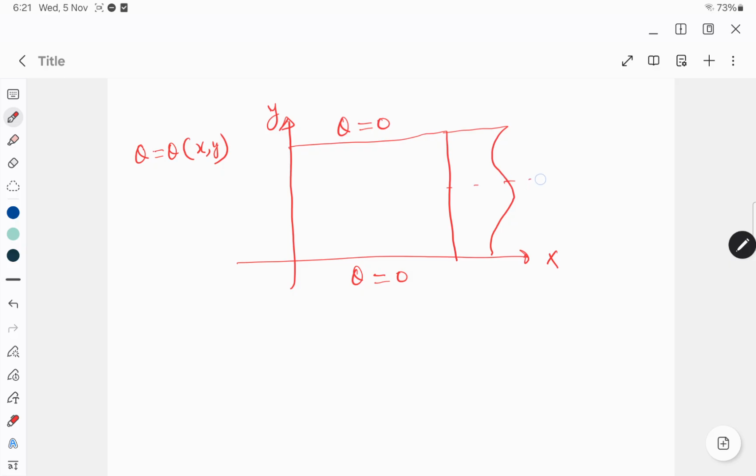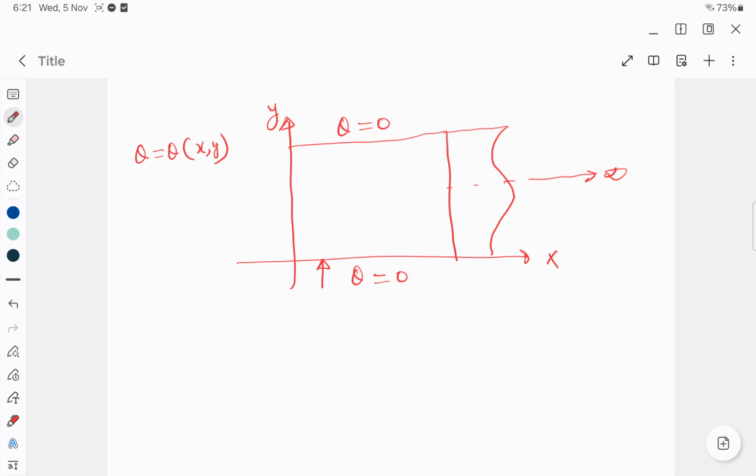So the temperature of the sheet is made non-uniform by an imposed variation along the boundary at y equal to 0. So at y equal to 0, we have imposed a variation, and that's how the sheet is made non-uniform.